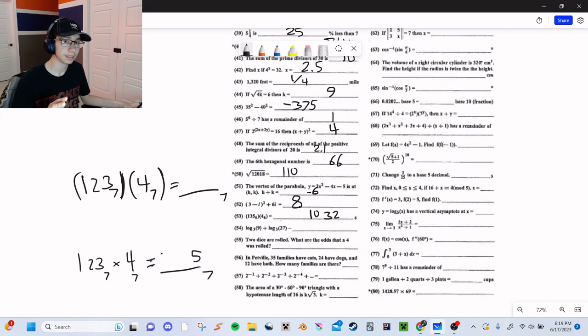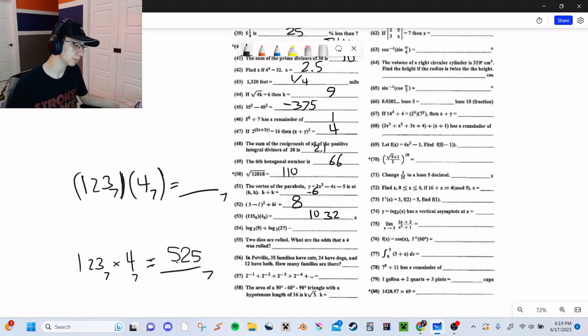That's 9. Divided by 7, that's 1 with a remainder of 2. Let's write down the 2, carry our quotient of 1. Lastly, let's do the 1 times the 4. That's 4, carrying 1. We gotta add it back, so 4 plus 1, it's 5. And we're done.